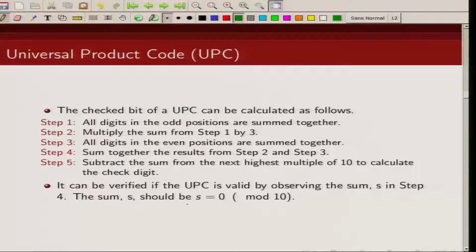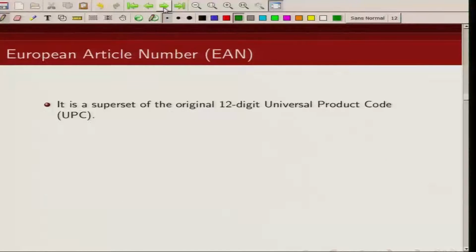So 3 times A1 plus A2 plus 3 times A3 plus A4, up to 3 times A11 plus A12, should be 0 modulo 10 in the case of the 12-digit UPC code.